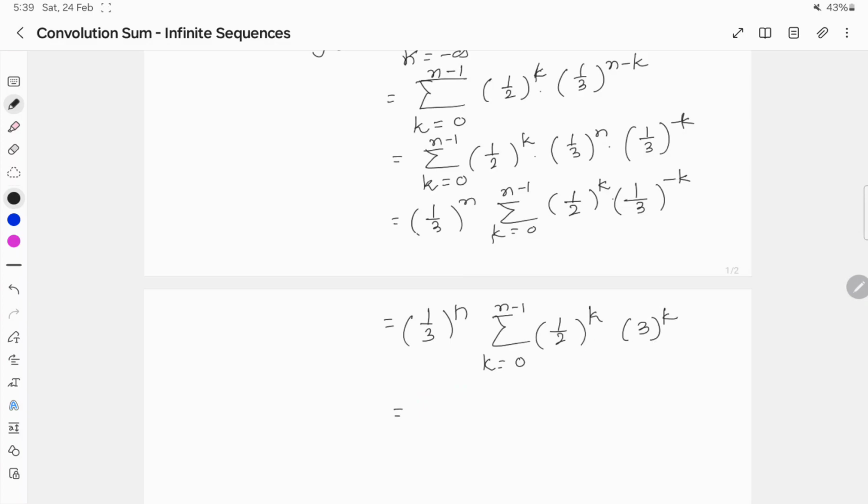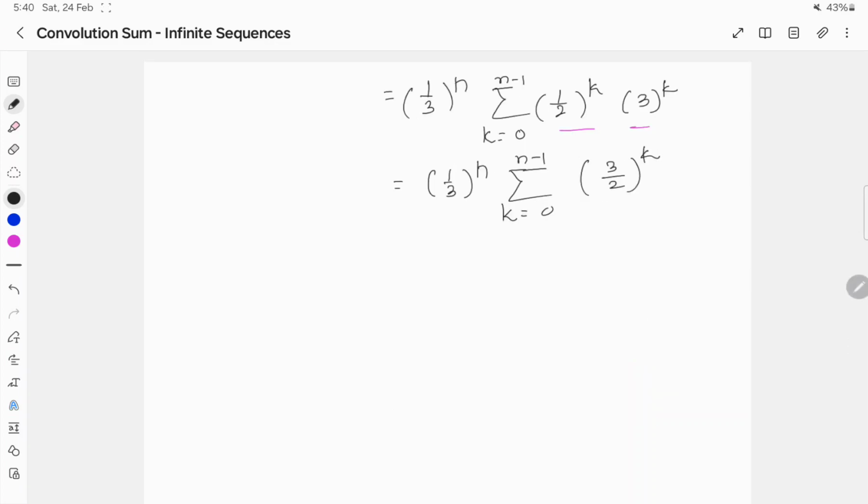So now here both the terms 1 by 2 and 3 are with the power of k, so we can combine these terms together. And now it becomes 3 by 2 raised to k.